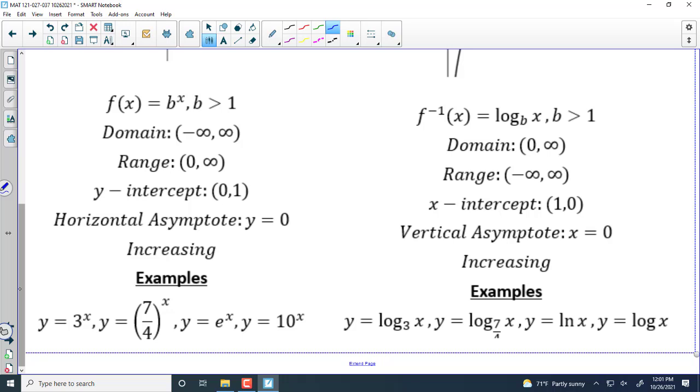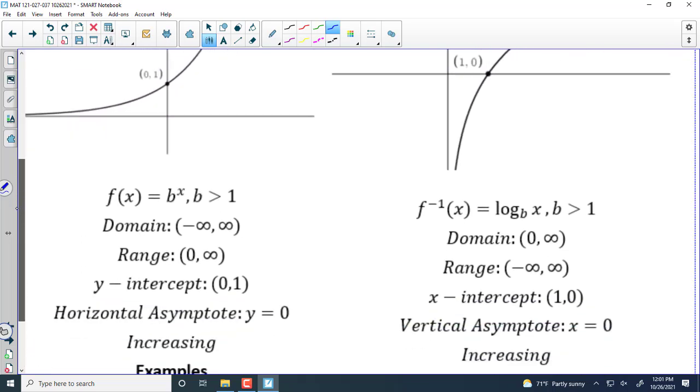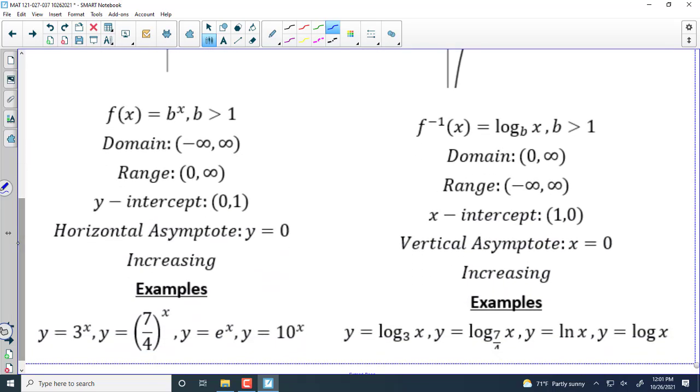Every single exponential function passes the horizontal line test. So therefore, every single exponential function has an inverse function, which is a logarithmic function with the exact same base. And if you sketch a logarithmic function, the domain and range are swapped from the exponential.